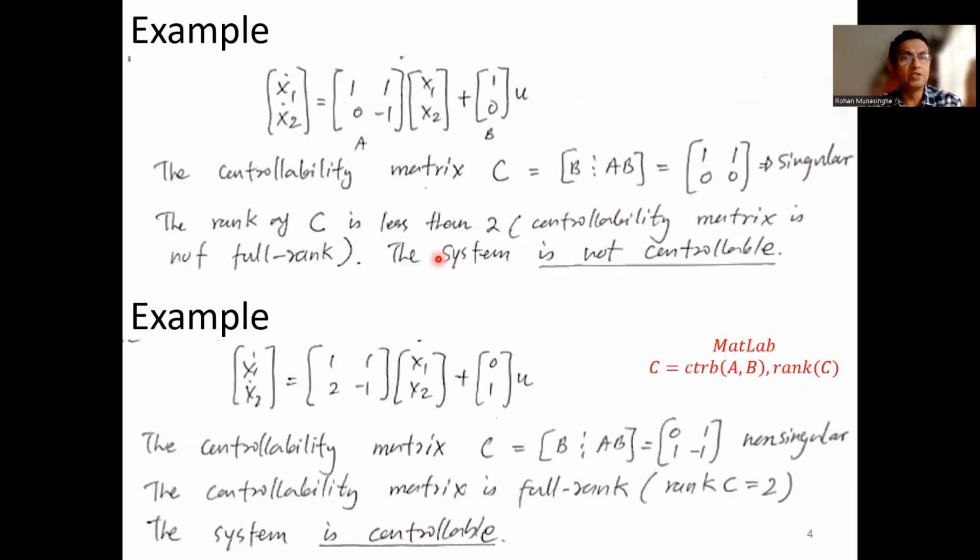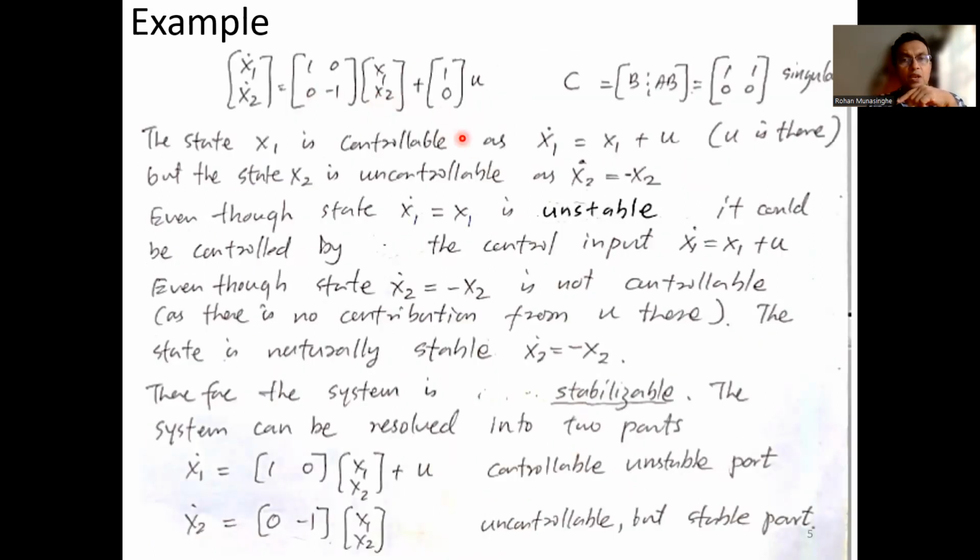This is not a completely different system. This matrix, 1, 1, 0, -1, is the same as up there. So we are going to look at the system a bit more clearly now, not just applying the controllability matrix: if it is not full rank, it's not controllable; if it is full rank, it is controllable.